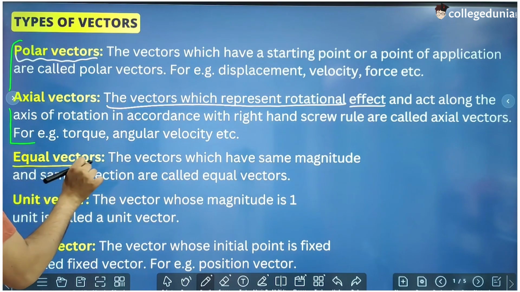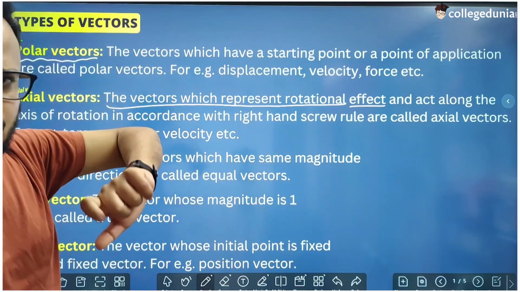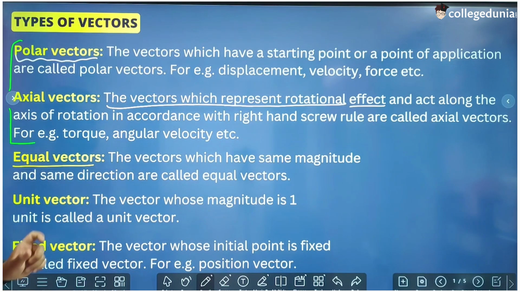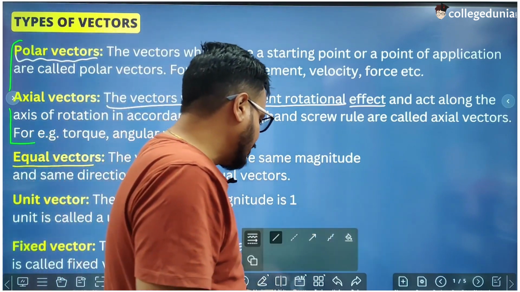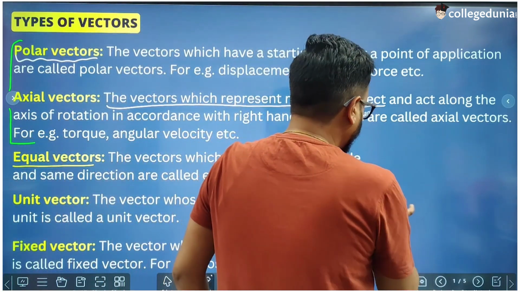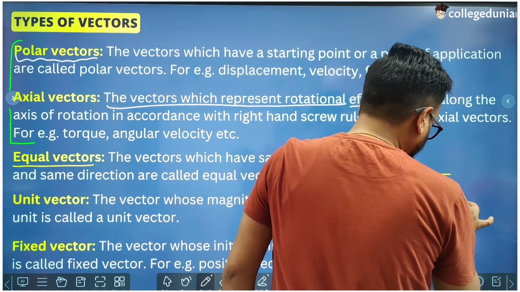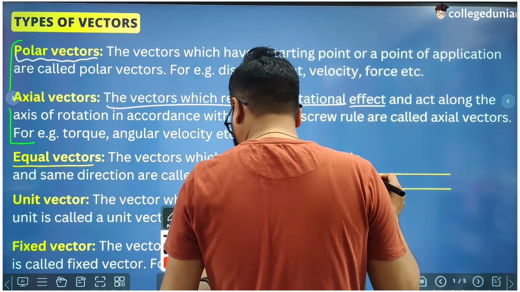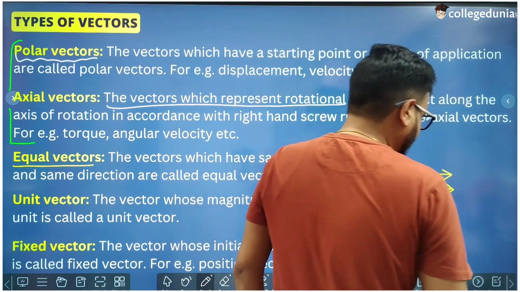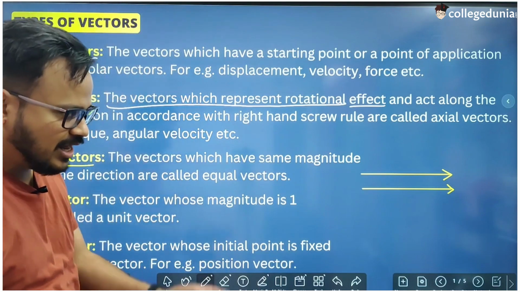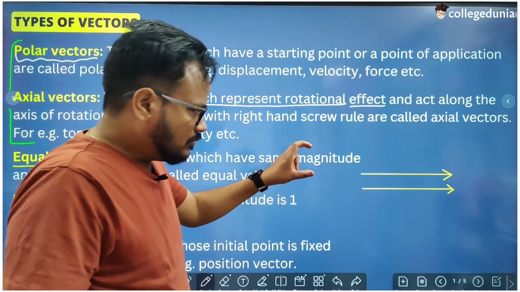Okay. Then come equal vectors. Vectors are said to be equal if they have same magnitude and same direction. Suppose we have two vectors 1 and 2. Now if you look closely, both these vectors have same magnitude and they are parallel to each other, that is they are acting along the same direction.